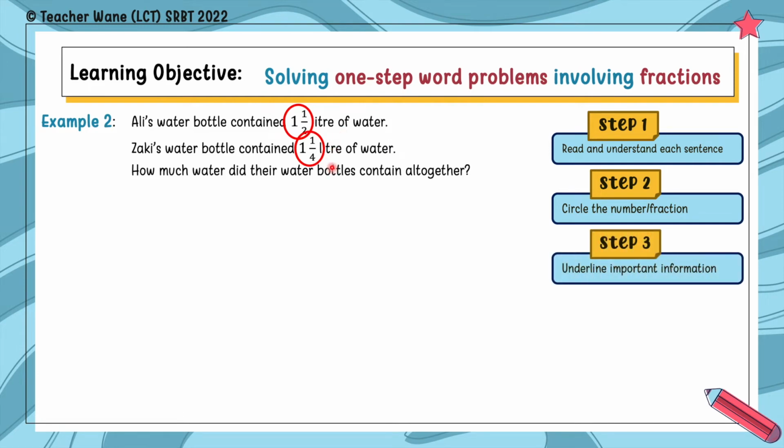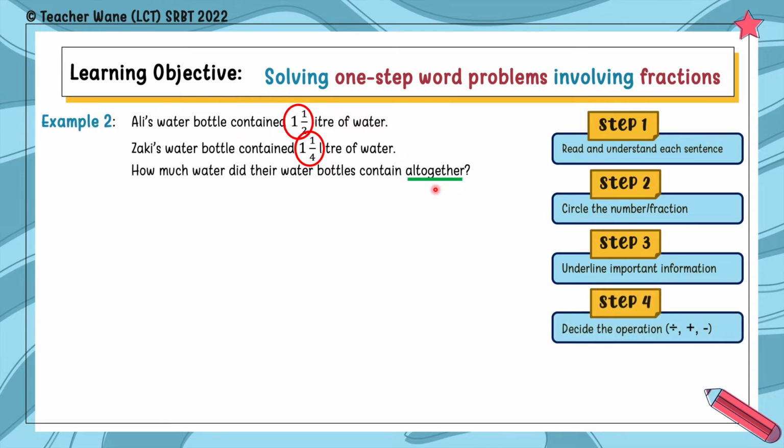Step 3, we need to underline important information. You can underline Ali's and also Zaki's, but this time I will only underline all together. So step number 4, we need to decide the operation.